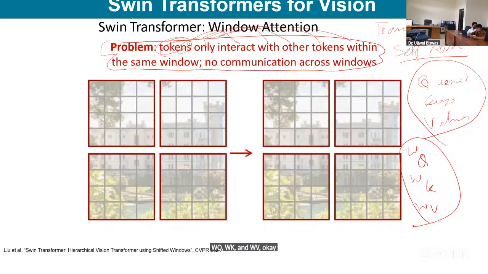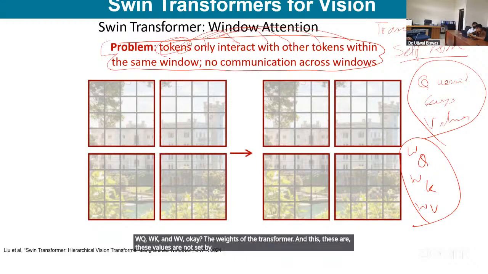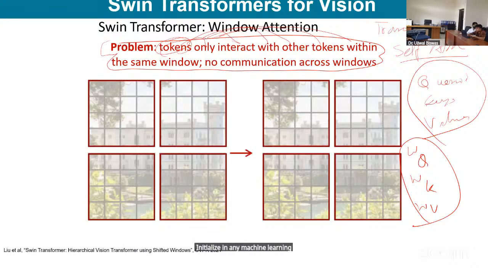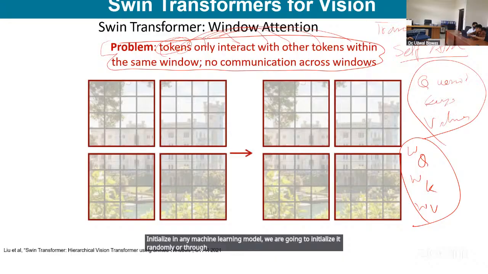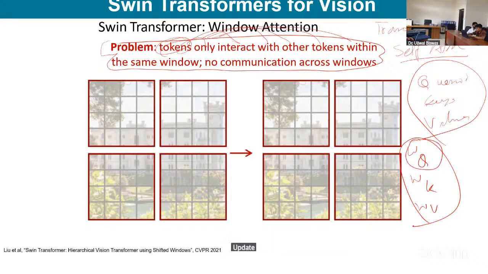These values are not set by humans; the AI engineers are not going to set them. As in any machine learning model, we initialize them randomly or through some initialization mechanism, and then we learn them through backpropagation and gradient descent. We update these weights through a self-supervised learning process. So these are not set by the human; they are learned.